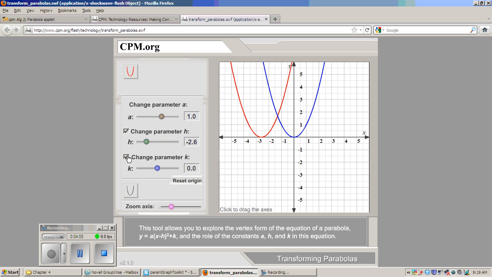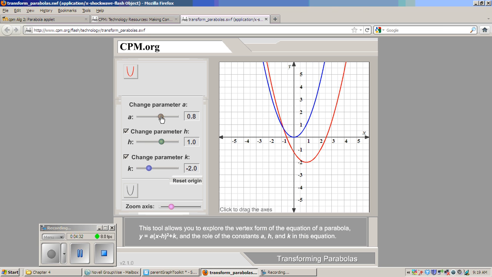And the values of h and k, of course, move the parabola right, left, up, down. But then what happens, the question is, when a changes. So let's just take this parabola here, and let's move the value of a.